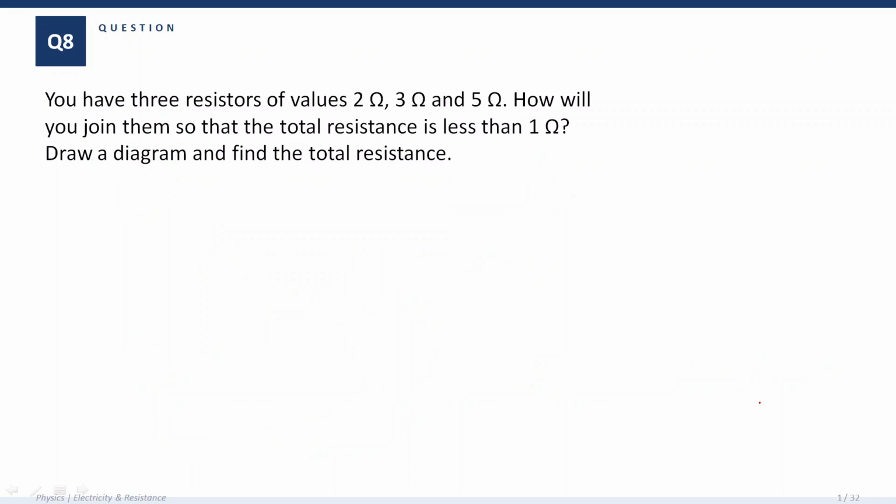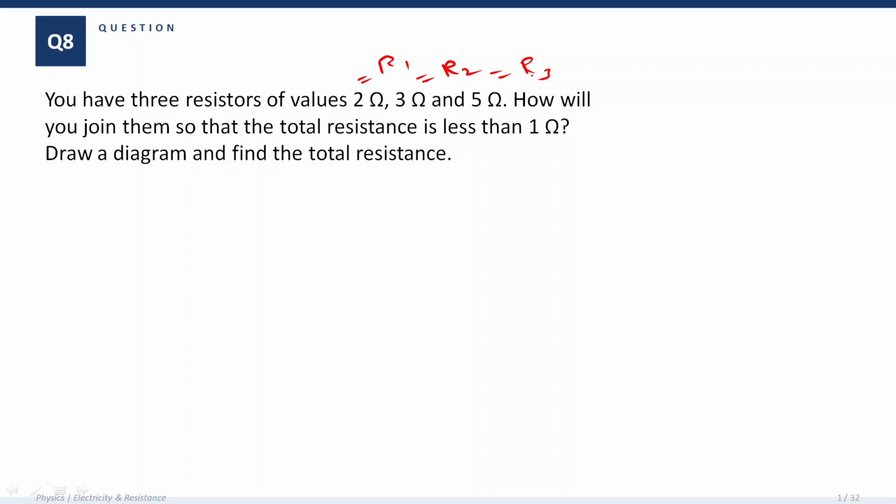You have 3 resistors of values 2, 3 and 5 ohms. How will you join them so that the total resistance is less than 1 ohm? Draw a diagram, find the total resistance. 3 resistors are given, let us take R1, R2, R3.